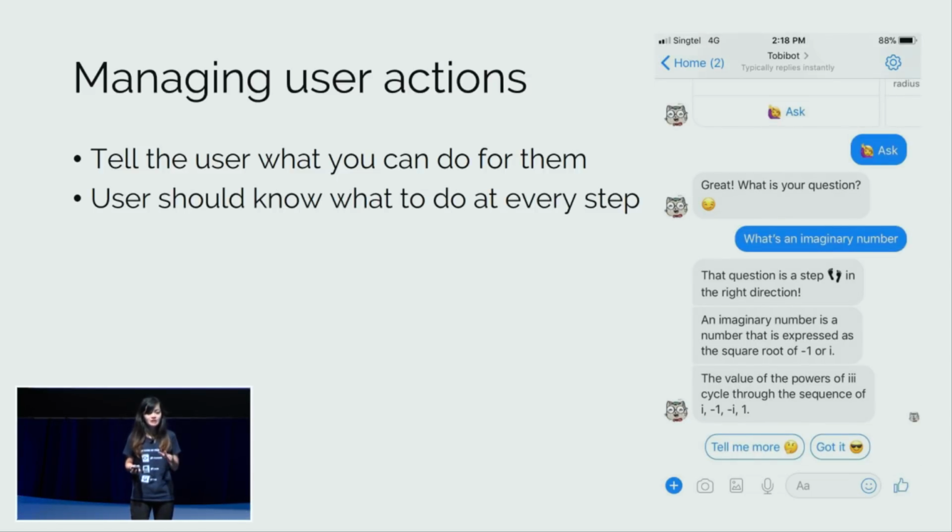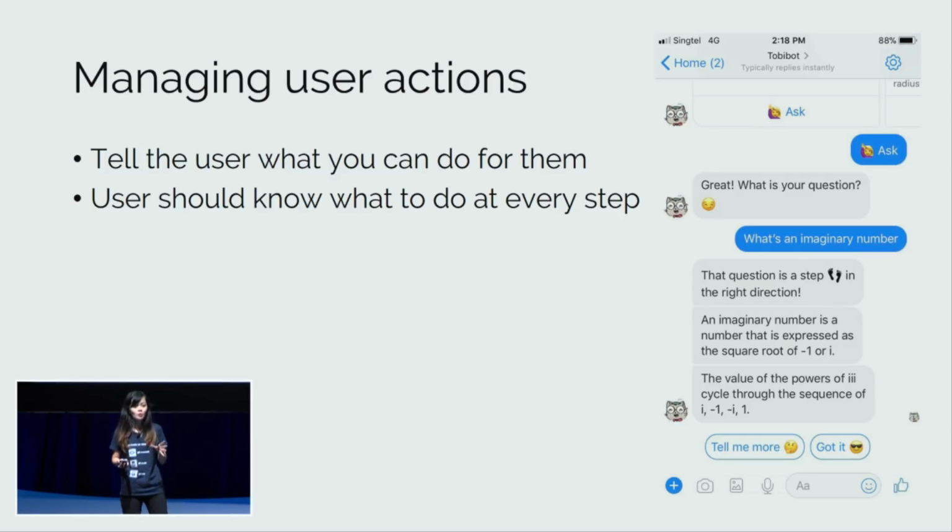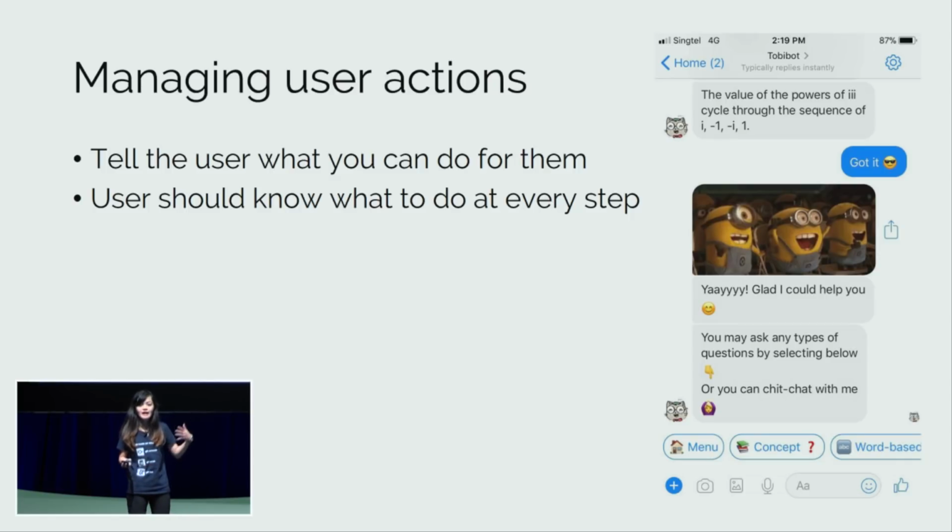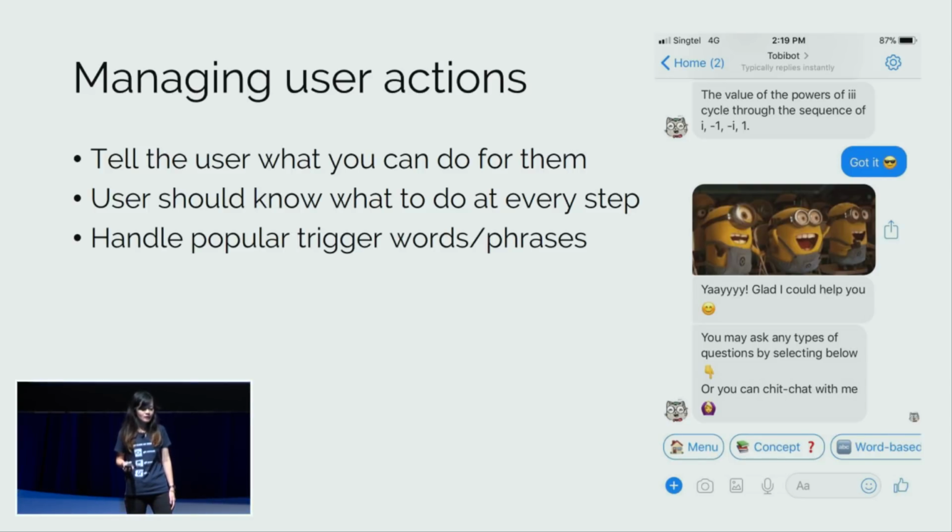Secondly, at every step, the user has to know what they can do next. So for example, after you show the answer, you can show some suggested actions like this. Or at the end of every conversation, you should show them a bunch of stuff telling the user what they can do next. You should be able to handle popular trigger words and phrases.